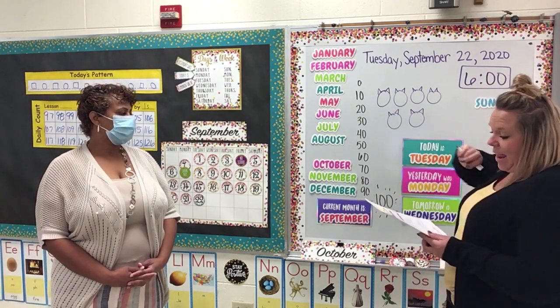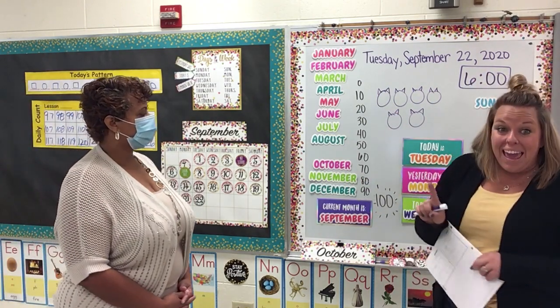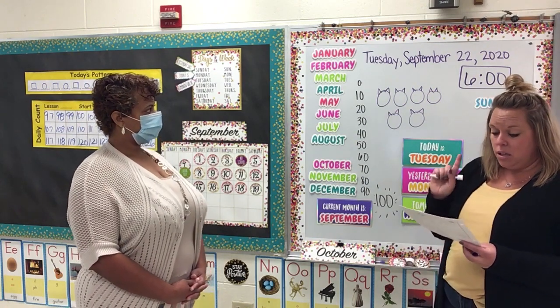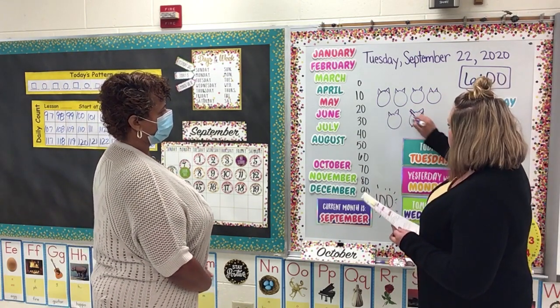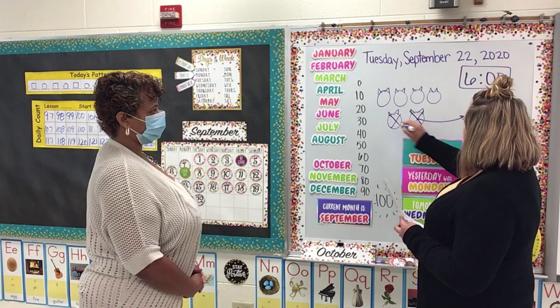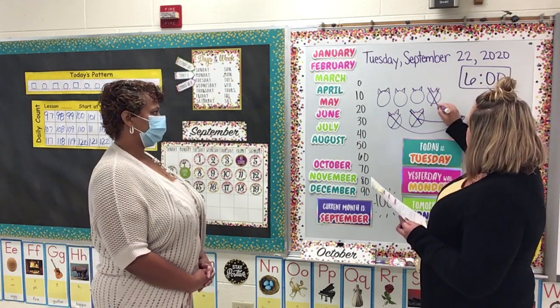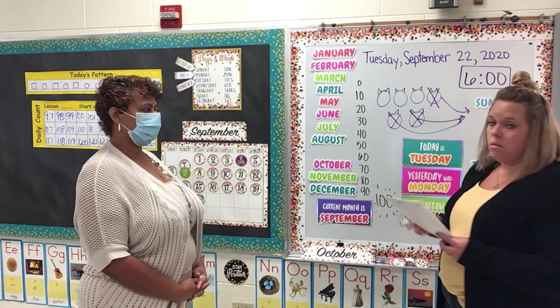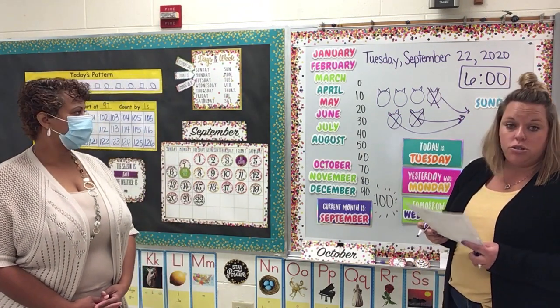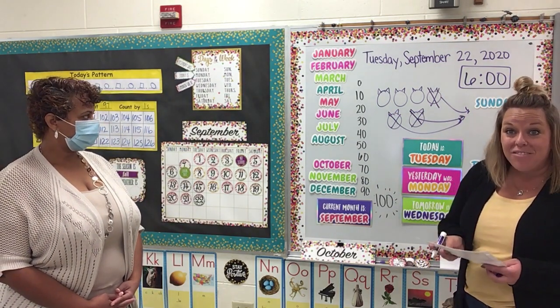So Jonathan's cat had 6 kittens. He gave 2 kittens to his aunt. He gave them away. They went goodbye. And he gave 1 kitten to his uncle. How many kittens does Jonathan have left?